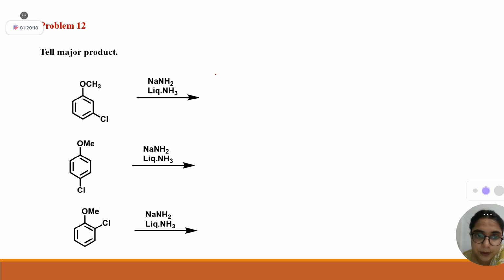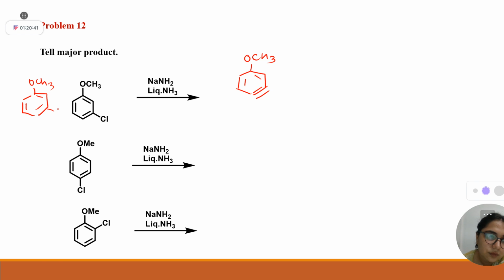First step is your deprotonation, so you can get two structures. OCH3. One is this. But we can also write this structure of starting material 1. Sorry, I have redrawn this only.